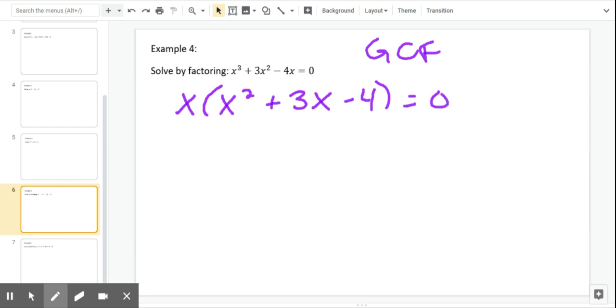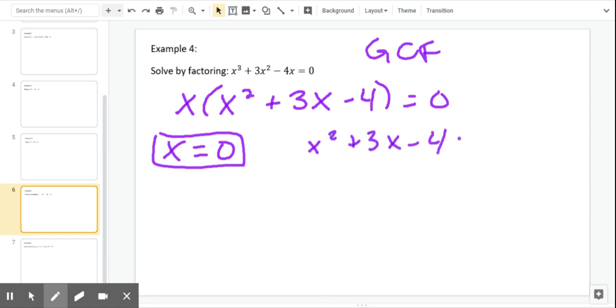Now that we've done that, we factored this. We took out an x, so we can set each of these factors equal to 0. So x equals 0, and that's already solved. And then x squared plus 3x minus 4 equals 0. This one is a quadratic, so I want to think about factoring this further if I can.